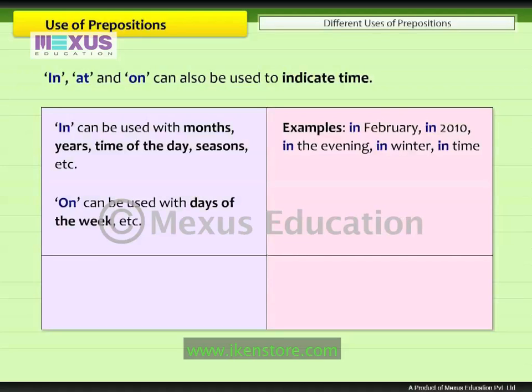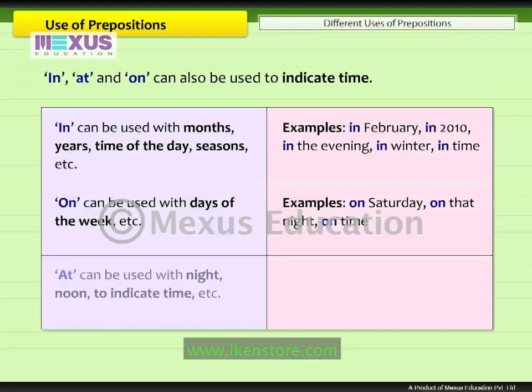On can be used with days of the week, etc. For example, on Saturday, on that night, on time. At can be used with night, noon to indicate time, etc. For example, at noon, at 6 o'clock, at that time.